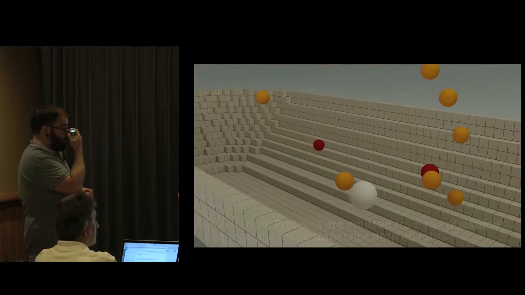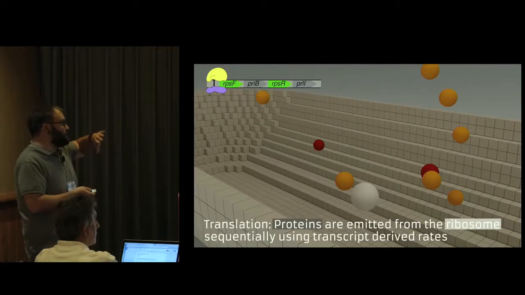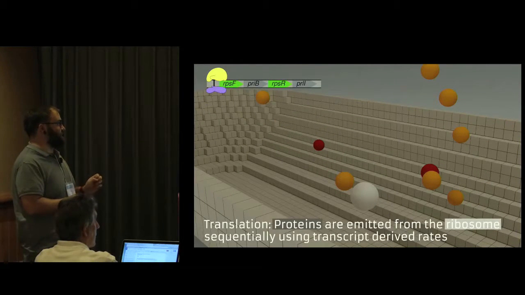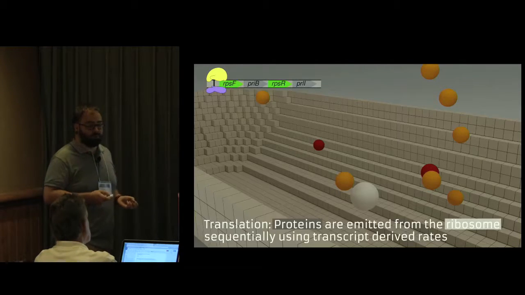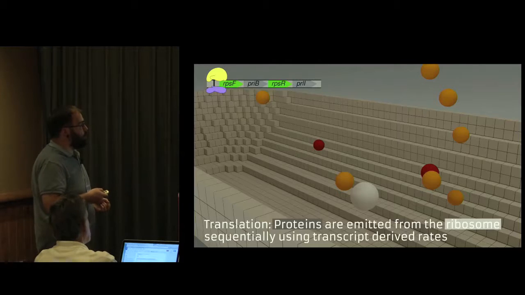So the translation process goes according to the transcript structure. We start at the beginning of the transcript, and the time that it takes to produce the first protein is given by the transcript length of that protein.